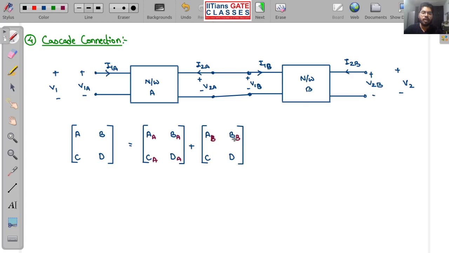Okay, so I forgot actually to write this thing. So this is B. So the ABCD parameters of network A and the ABCD parameters of network B will be combined in the cascade connection, okay, for the equivalent circuit. If I want to calculate the equivalent ABCD parameter for a cascade network, I need to take the consecutive ABCD parameters of network A and network B.